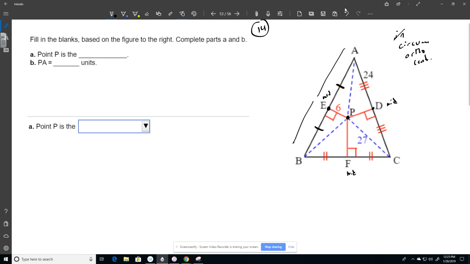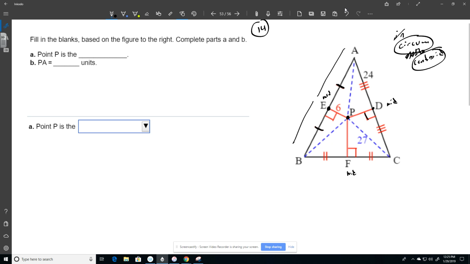The orthocenter and our incenter don't use it. And then our other one was the centroid. So which one of those connect the middles? The centroid uses the middle, but so does the circumcenter. But the orthocenter has nothing to do with the midpoint. So I know it's one of these two.